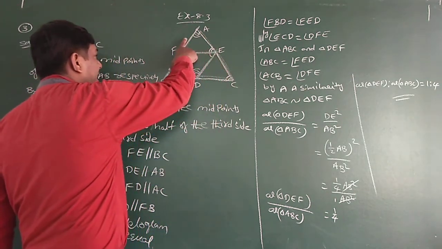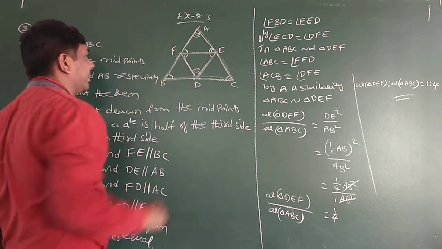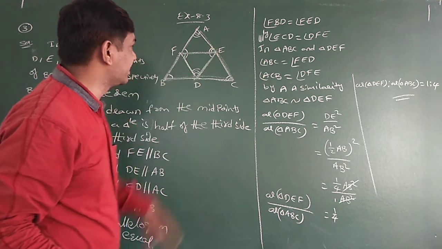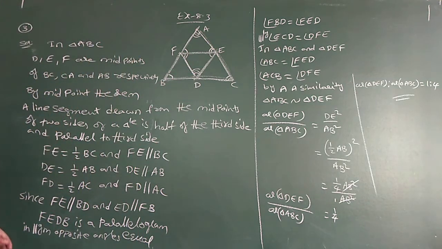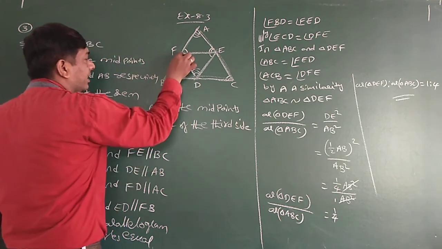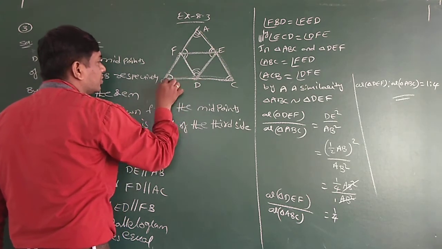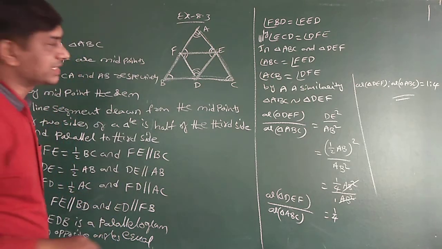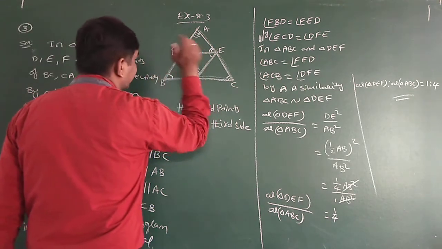DE is parallel to AB and DE is half of AB. FD is parallel to AC and FD is half of AC. Since FE and BD are parallel, FB and ED are parallel, so it is a parallelogram. In a parallelogram, opposite angles are equal, so this angle is equal to this angle.